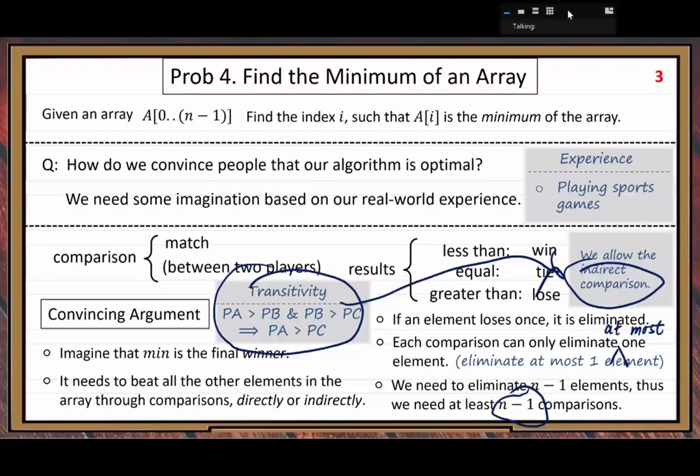But here I just let you feel how hard you need to work to answer the optimality question of an algorithm. All right, so we complete this topic.